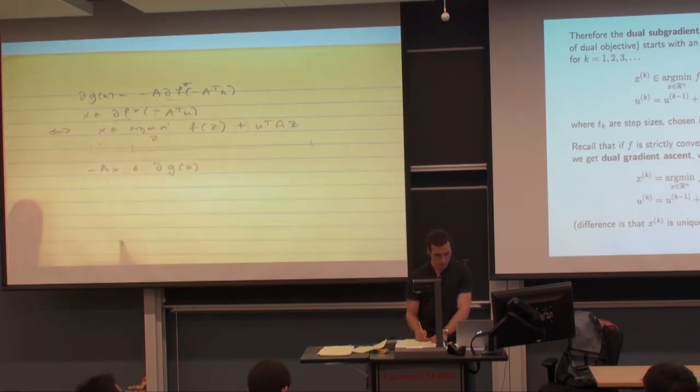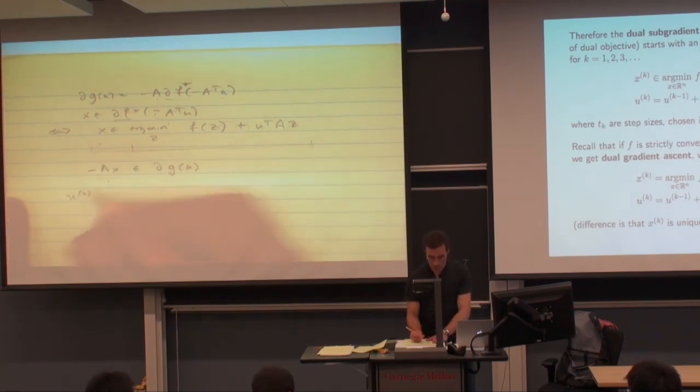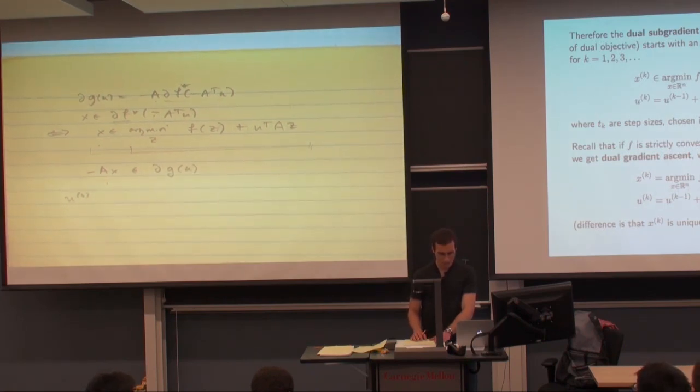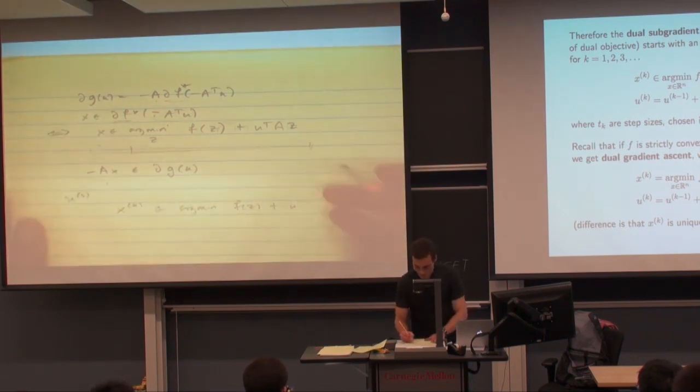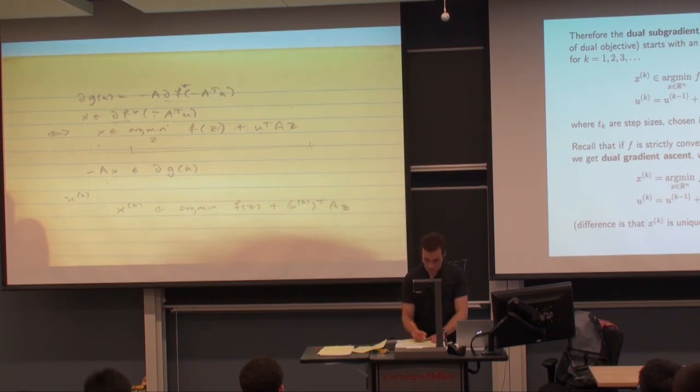I start with an initial guess for the dual variable, u0, and the update is: compute x_k to minimize this when I evaluate it at my current u, because I want to compute a subgradient at u_k. I first minimize this problem. Then minus Ax_k is a subgradient.